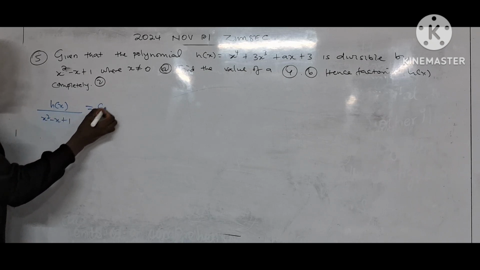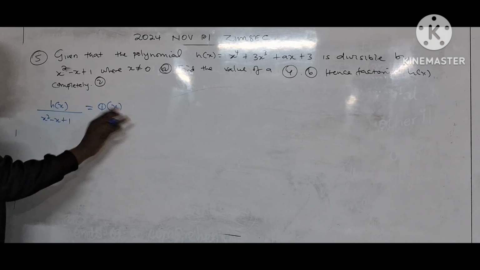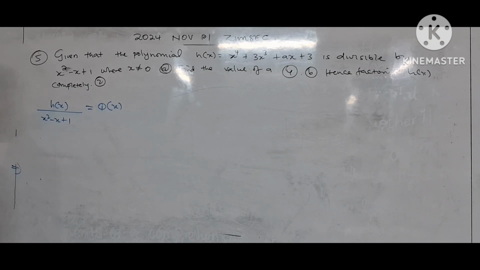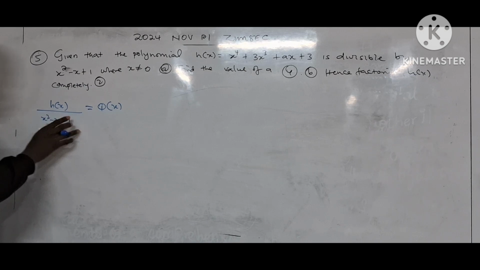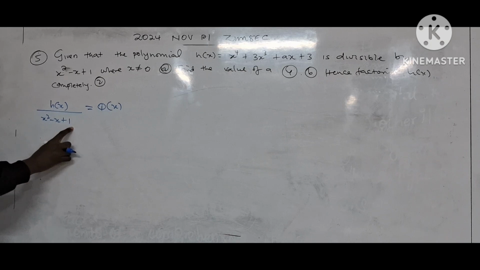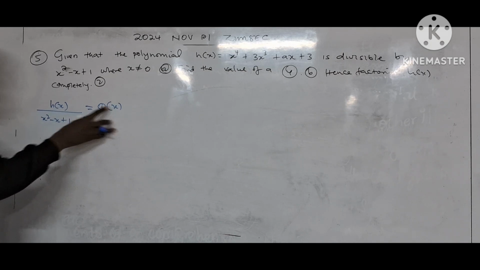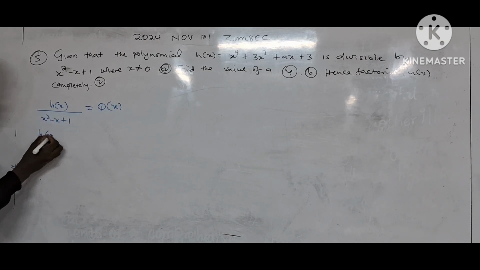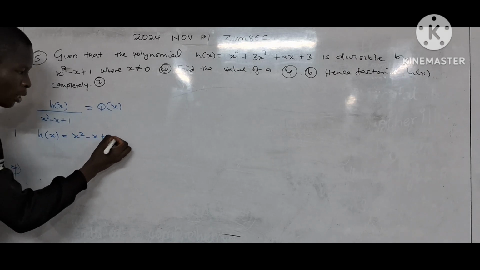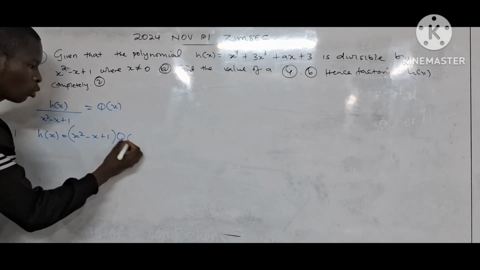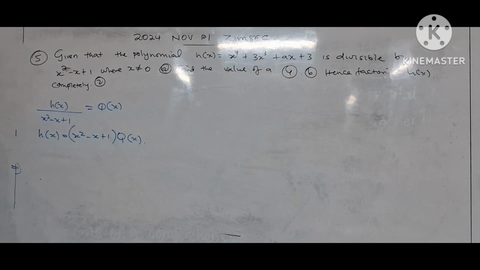So what is the answer? The answer is also in terms of x. I'm going to represent it using q of x. This is a quadratic expression, right? So if you multiply this and this, you are supposed to get h of x. So h of x is equal to x squared minus x plus 1 into q of x.